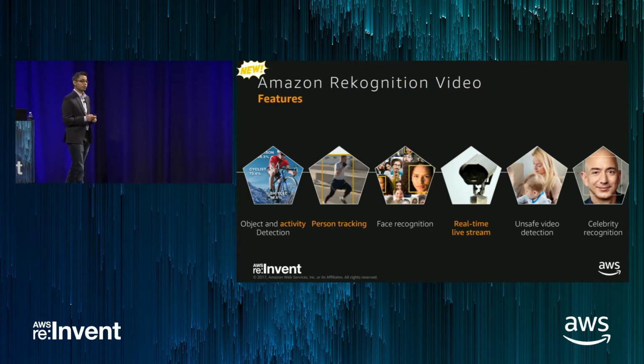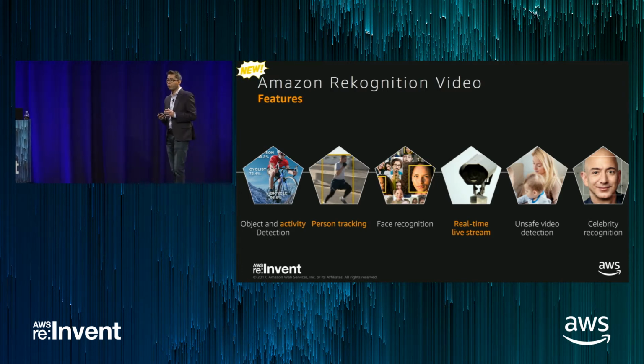The second one, which is new, is person tracking. In a video now, you can find different people and then track them throughout the duration of this video. Even if people are crossing each other, or they go out briefly and come back in, we'll still manage to track them. And the third one is real-time live stream video processing. We do this today through Kinesis Video Streams.